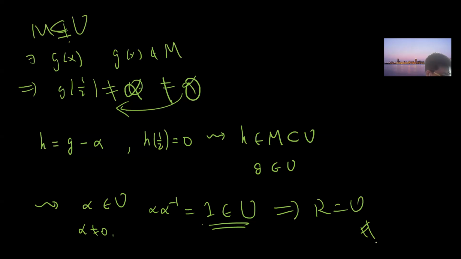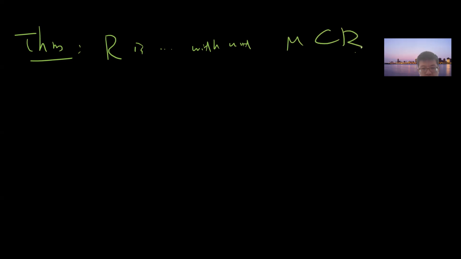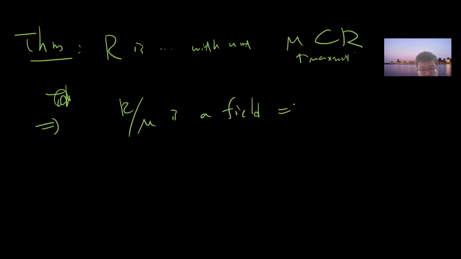Okay, so the most important theorem we need to prove now is this: if R is a commutative ring with unit, and M is an ideal of R, then R quotient M is a field if and only if M is a maximal ideal.